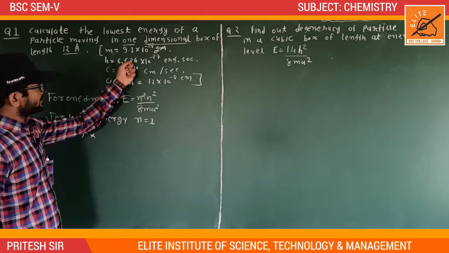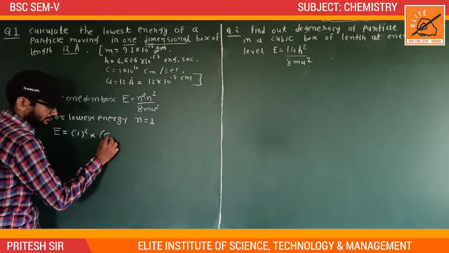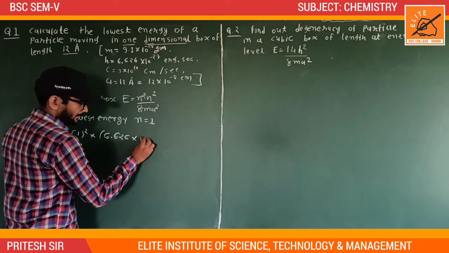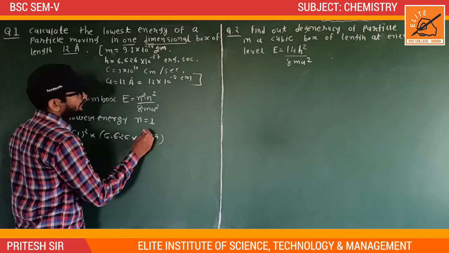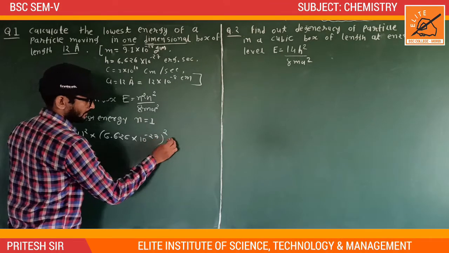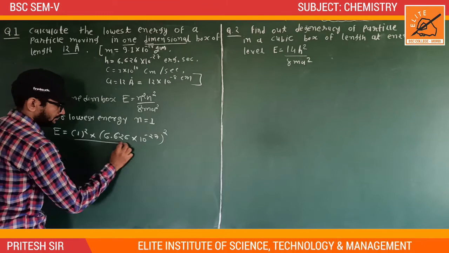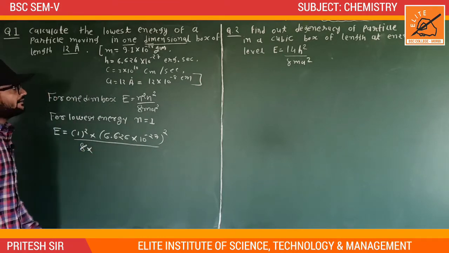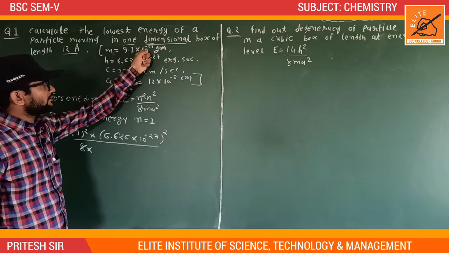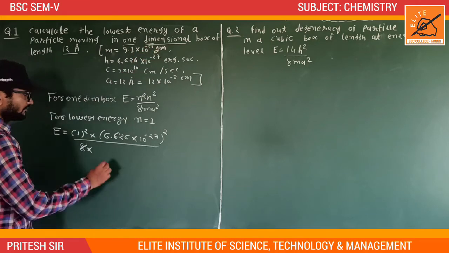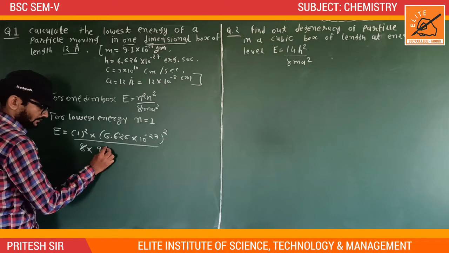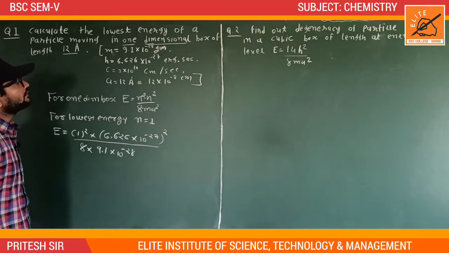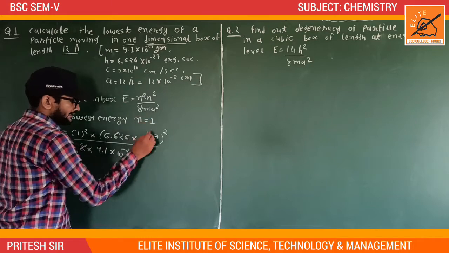H is the Planck constant, 6.626 into 10 to the power minus 27, squared, divided by 8 into the mass of the particle, 9.1 into 10 to the power minus 28, into a square.